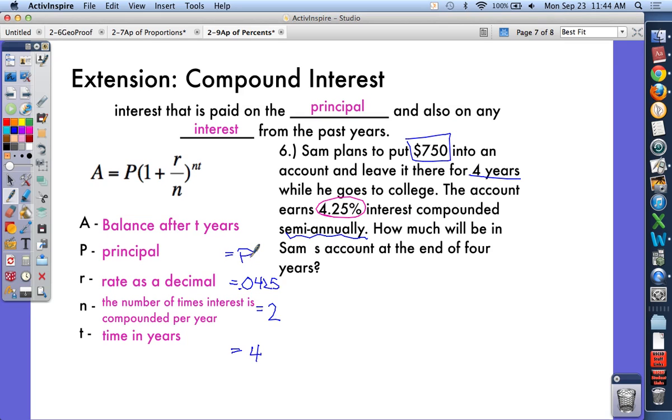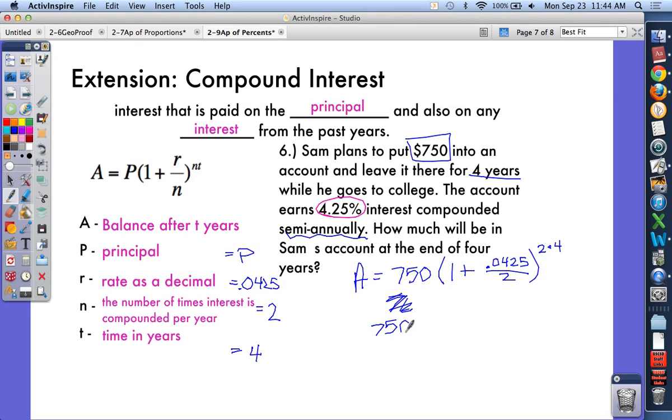So now plug those numbers in. Try this on your calculator. See if you can type it all in. It's a lot to put in, but you're going to be doing 750 times 1 plus the 0.0425 over 2, and then it's raised to 2 times 4. Try plugging that in on your calculator. See what you get. See if you get the right answer.